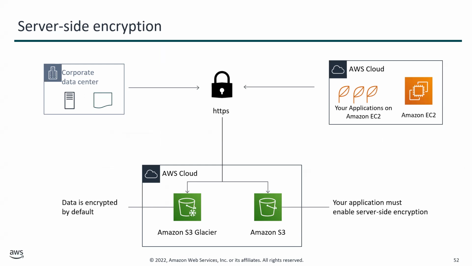So TLS can be set up, or it's already set up by default if you select the option while creating, where the application must enable server-side encryption. That was the default option, and we could change it to another option, but the options were mainly about keys: who will generate keys, using AWS Key Management or yourself, those things.